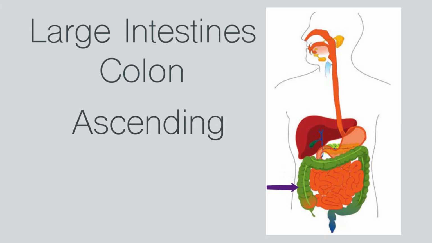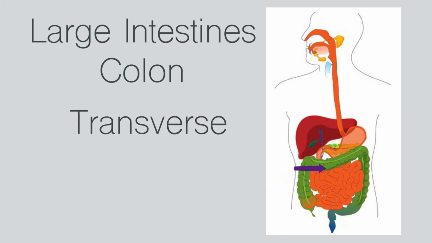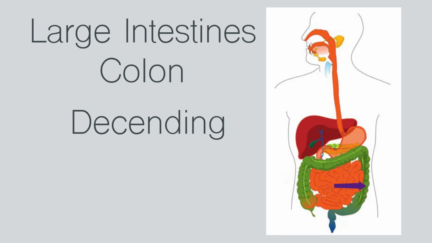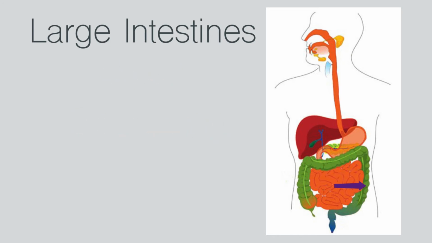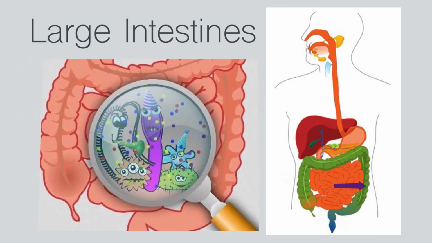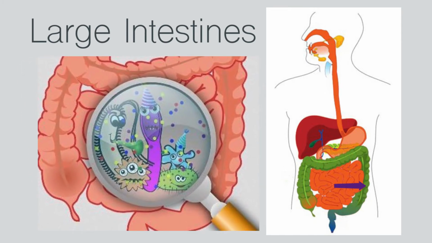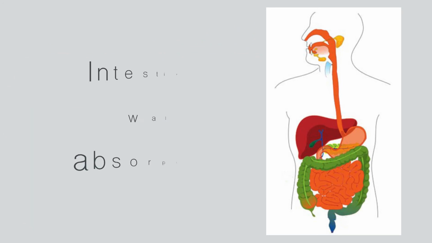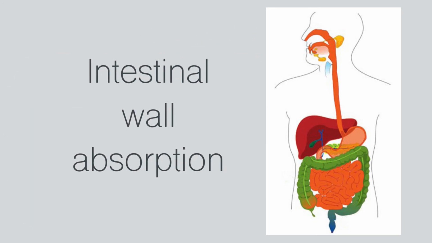So we have the ascending colon, the transverse colon, and the descending colon. The large intestines helps in absorption of vitamins and nutrients made by the bacteria that normally live in the large intestines. These are actually friendly bacteria, and we will be having a detailed discussion on their influence on our body in the next video.